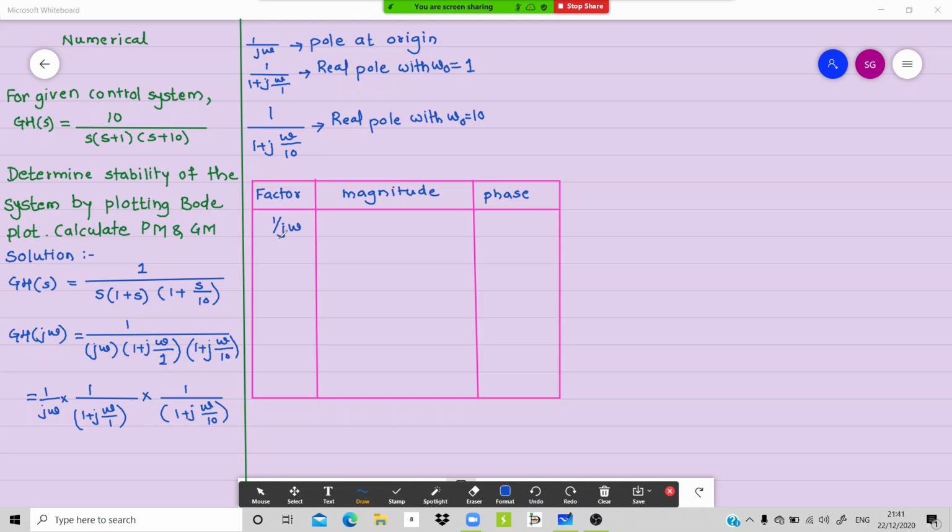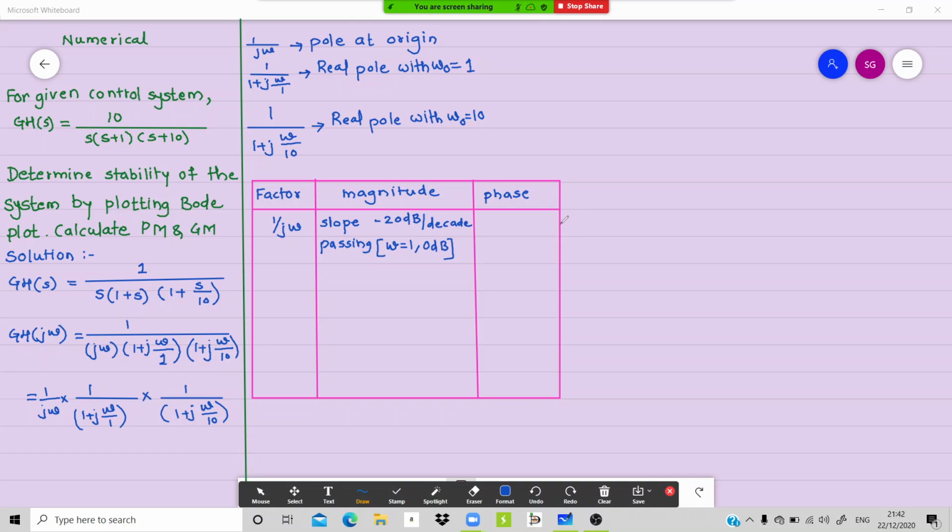So I'll write it over here: slope minus 20 dB per decade, passing through omega equal to 1 and the 0 dB point.